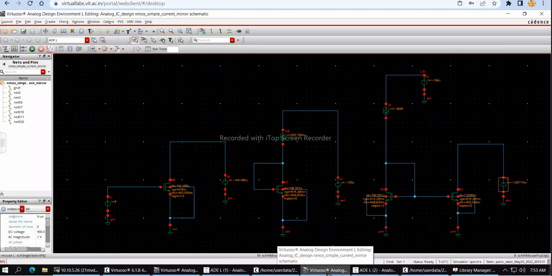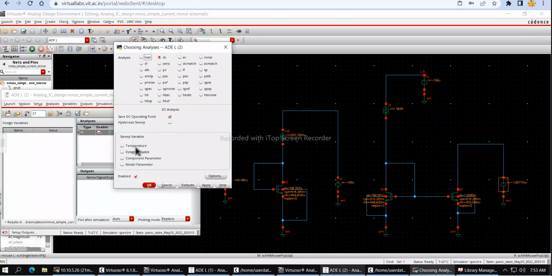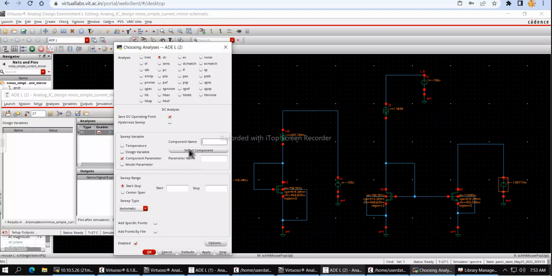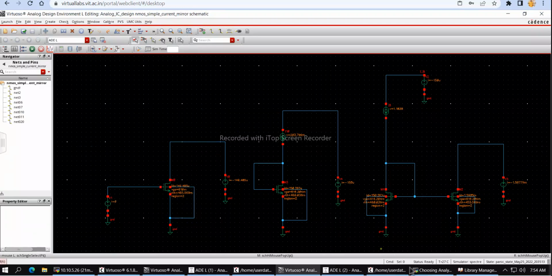In order to do that, we have to do the DC analysis. We have to sweep the current versus voltage in the x-axis.